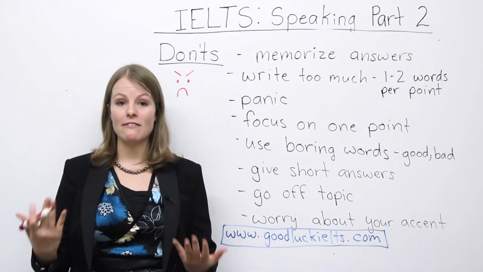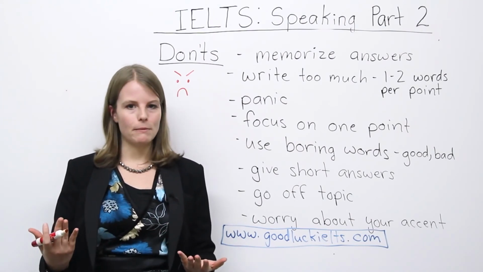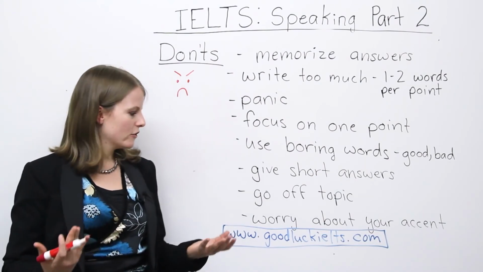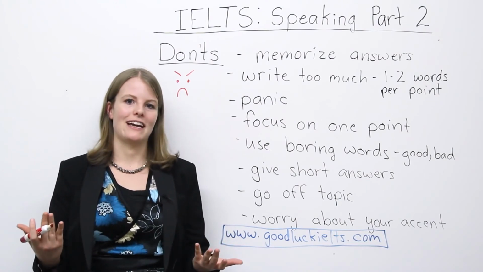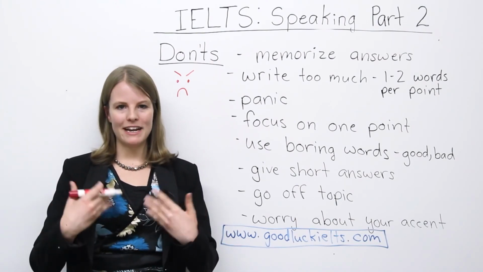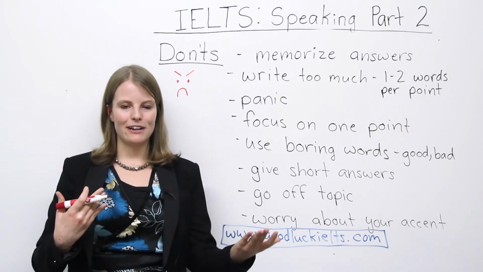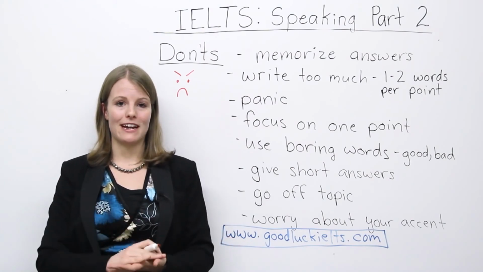The main thing, and if you have an accent, it's okay if you have an accent. Most people have accents, so you don't have to worry about your accent. Actually, everybody has an accent. I have a Canadian accent, for example. Now, does my Canadian accent mean my American friends cannot understand me? No. So it's okay if you have an accent.